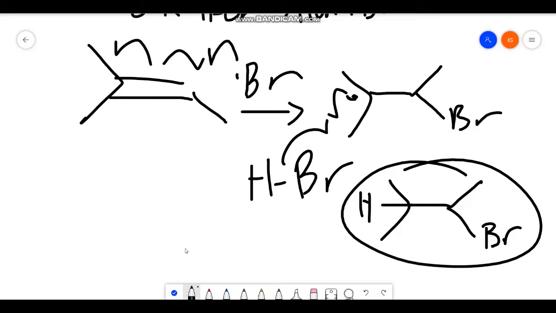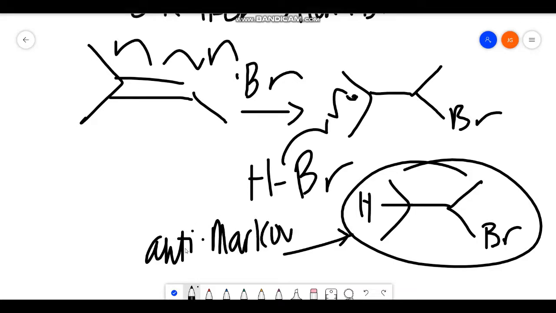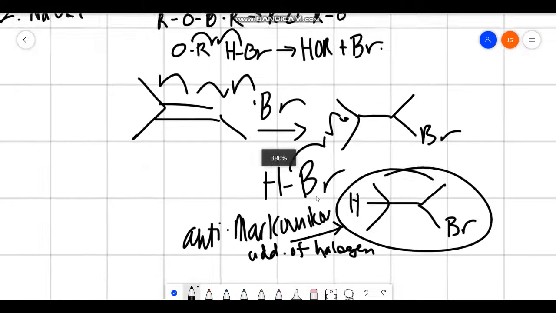It's going to lead to the anti-Markovnikov addition of a halogen. So I used bromine in this example. You could use chlorine, you can use iodine, whatever you want.